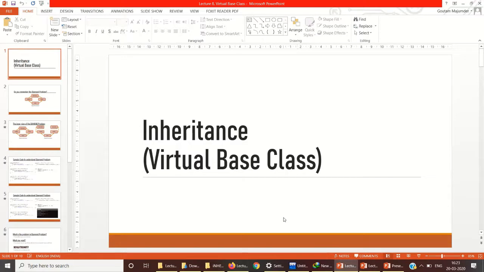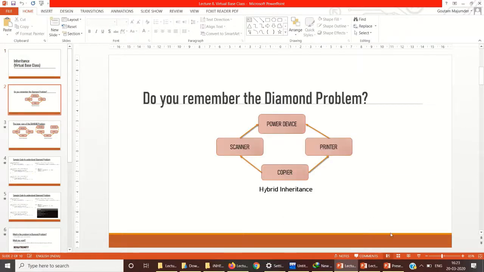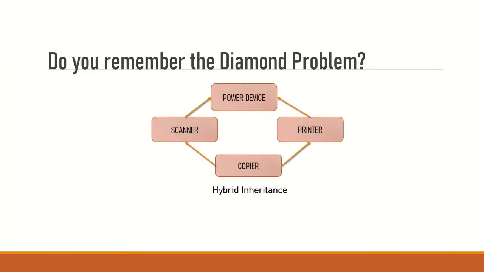Okay, so let's first introduce the need for virtual base class inheritance while we solve hybrid inheritance. I hope you remember this example; I discussed this problem during the various types of inheritance and introduced it as the diamond problem in hybrid inheritance.